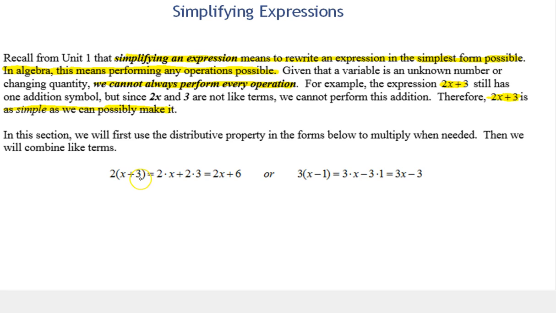But using the distributive property, we can distribute the 2 to the x and the 3, multiplying 2 times x plus 2 times 3, multiply the results, and we have 2x plus 6. We would consider 2x plus 6 to be the simplest form. The product of 2 and x plus 3 still has a product in it. We can still multiply that, and that's possible because of the distributive property. However, when we get to 2x plus 6, this cannot be simplified any further.